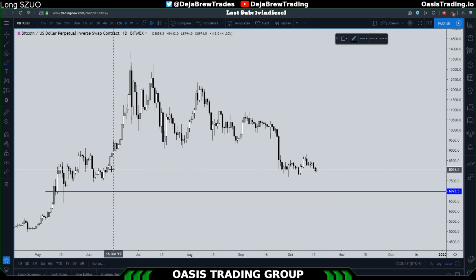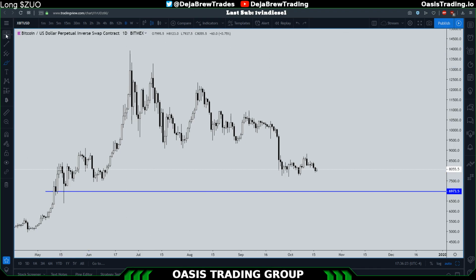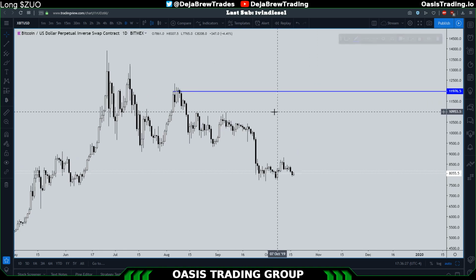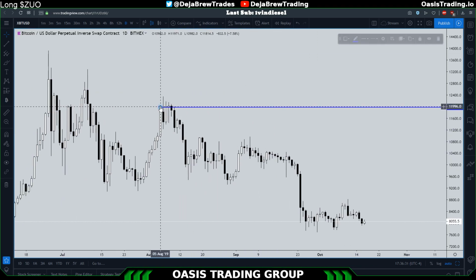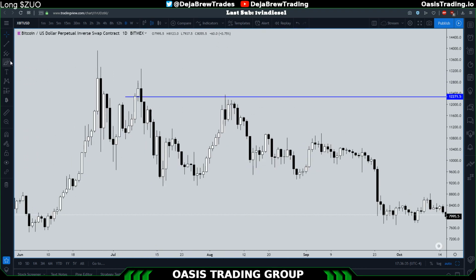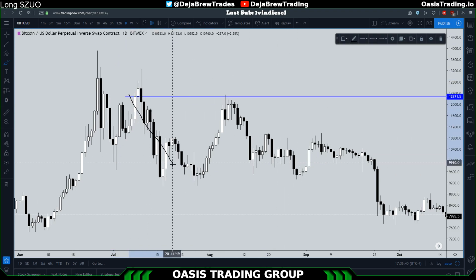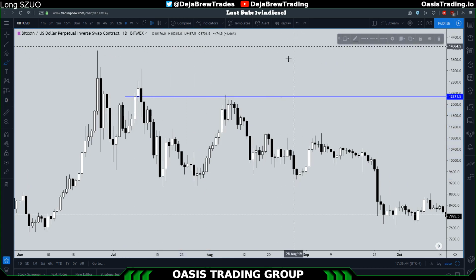So instead of trading your exact level, like let's say if I wanted to trade this doji here, if I wanted to short this doji, instead of shorting that exact doji, okay, actually here's a good example here. So look at this. If I wanted to short this doji here, and we see a failure, and we're popping back up, and I want to short the retest of this doji.